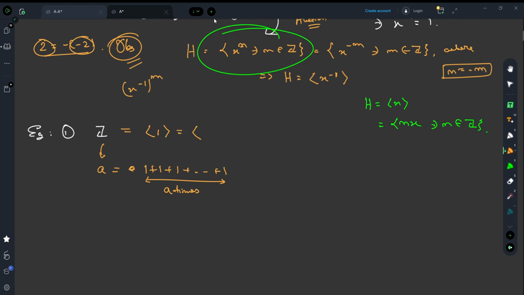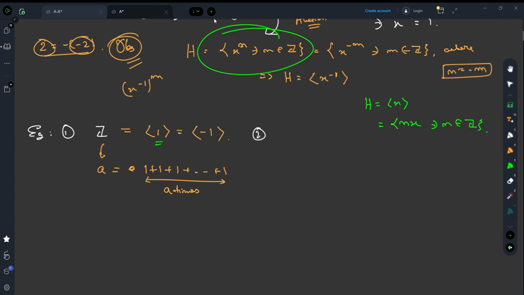And since minus 1 is the additive inverse of 1, it's also generated by minus 1. Clear? Okay. Now you can also verify it by the two-sided inclusion. This was one-sided inclusion, because if you choose any element A, then it will be contained in this. The other-sided inclusion is obvious because this will be a subset of Z, because 1 is an element of Z. This is pretty trivial.